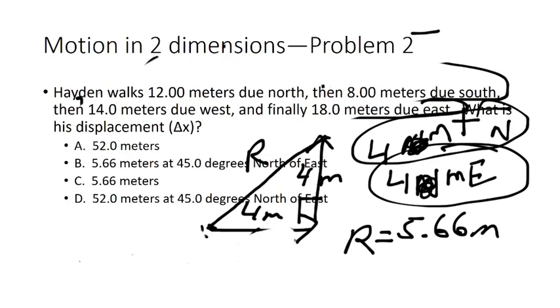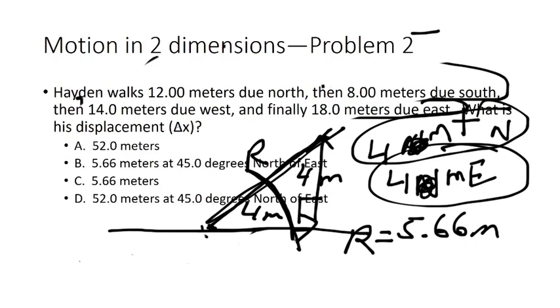Alright, so typically you're going to give direction in terms of the angle. And the most common way of doing it is to give it in terms of the smallest angle between the resultant and the horizontal. So here's our horizontal, and we want the smallest angle right here between our resultant and that horizontal. So we need to solve for this angle.